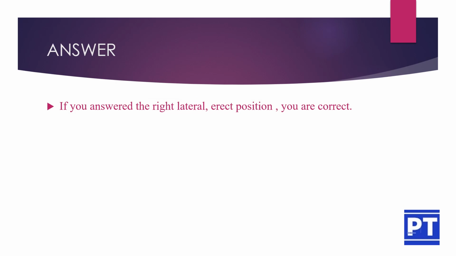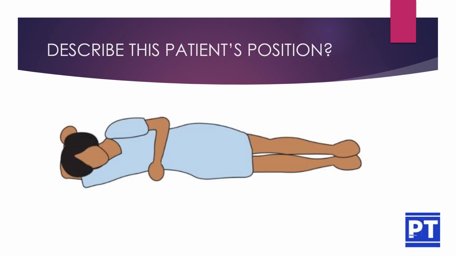So if your answer is right lateral erect position, then you are correct, since the patient's right side is in contact with the image receptor. Will you be able to describe this patient position? The patient is in recumbent, that is, the patient is lying on some side, any side the patient can lie.